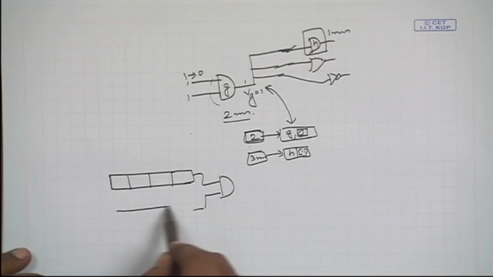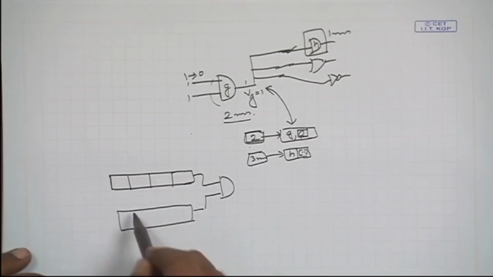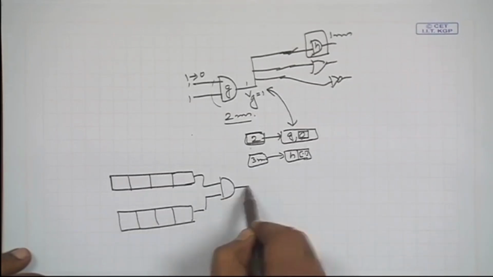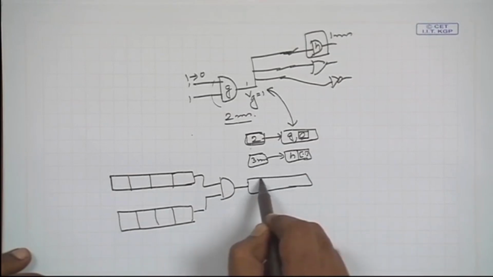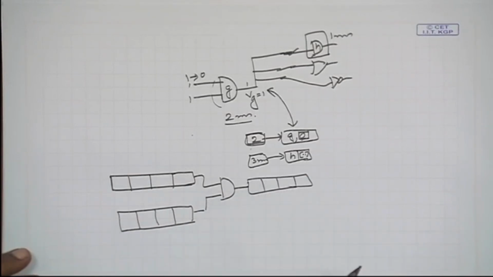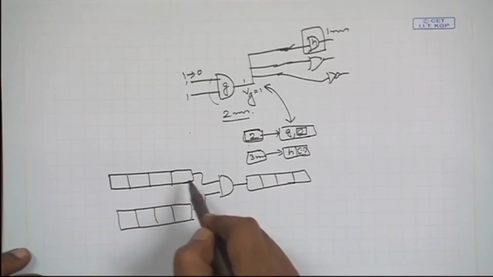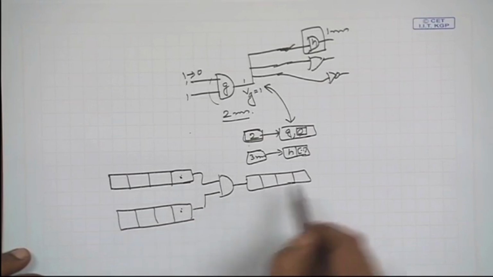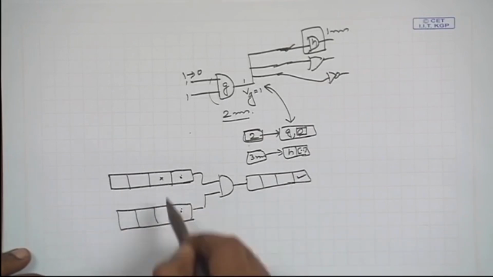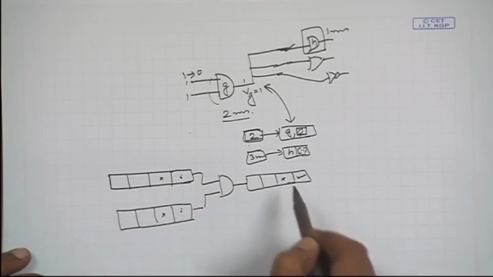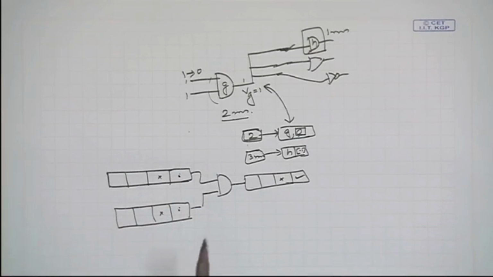It has two inputs, and with both the inputs we put these 4 bits. Similarly, at the output we also have this 4-bit space. The first bit will compute the AND of this and this, and the result will be stored here. Similarly, when these two are ANDed, the result will be stored here. So by doing a bitwise parallel operation, I can do this AND operation on 4 bits simultaneously.